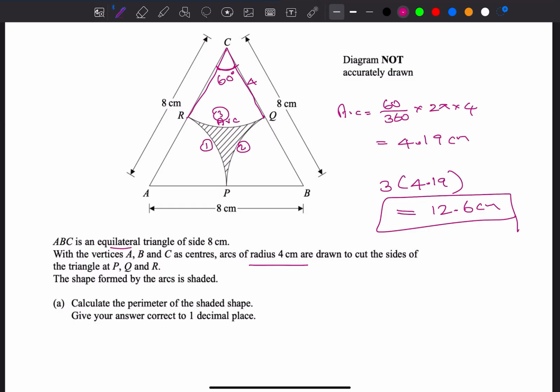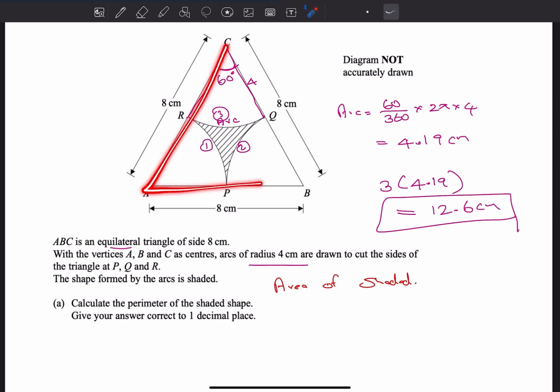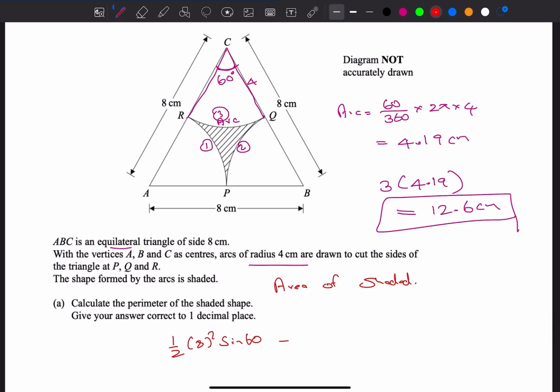Now, what if they ask you the area of shaded? Area of shaded would be very simple. Okay, let's just do that as well, just in case. So this is your area of the triangle, and I want to get rid of this sector, this sector, this sector. So I need to do the area of this big triangle, then take away how many sectors? 3 sectors. So area of that big triangle, half times what is it? The length of the triangle is 8. So 8 squared sine 60. Take away 3 of those sectors. 60 over 360 times pi times radius, 4 squared.